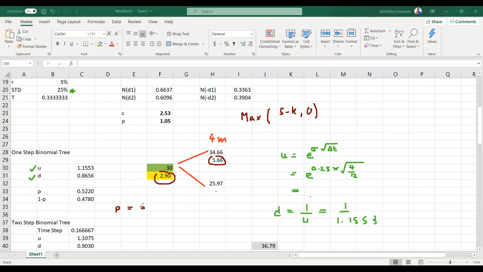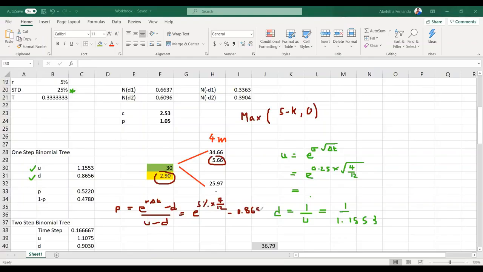So P will be e to the power R into delta T, minus D, divided by U minus D. So P is e to the power R. R is 5%, so you can take 5% into delta T. Delta T is, here we are looking at 4 months, so 4 over 12, minus D. D you calculated as 0.8656.